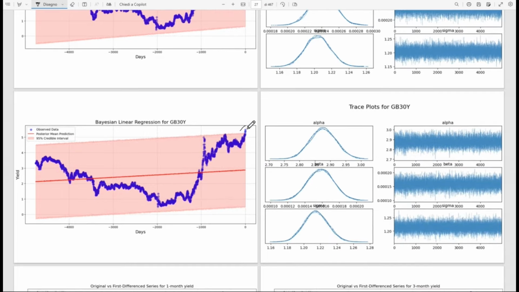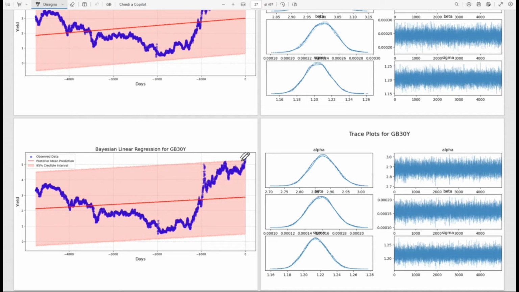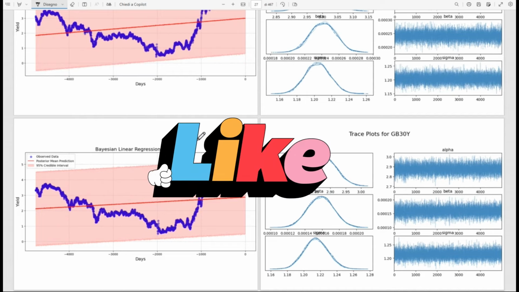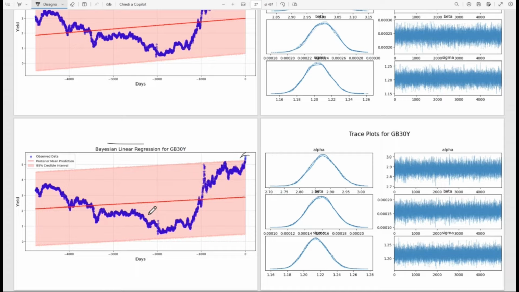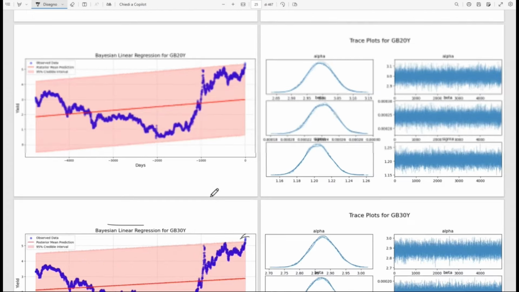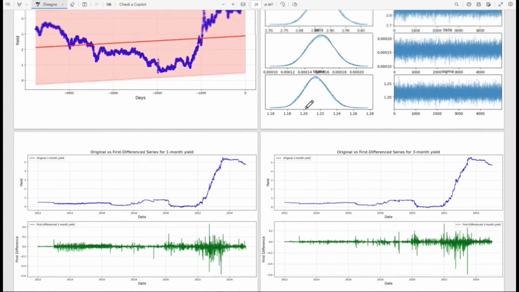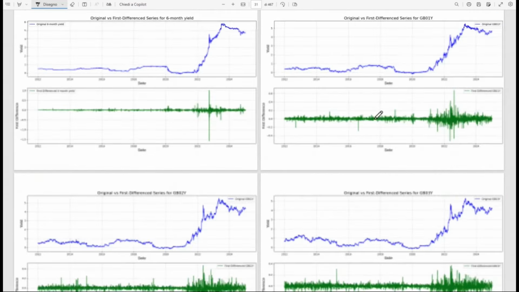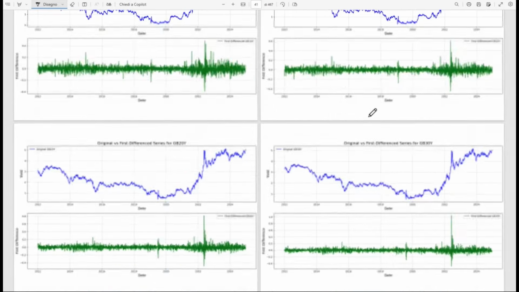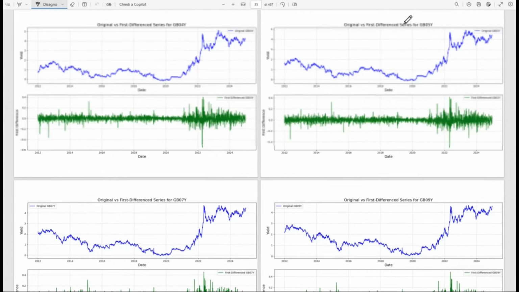So again, volatility, yield values that are outside what is a Bayesian linear regression. I apologize if I couldn't explain this better, but I'll have to study it, and I don't have the complete knowledge of it.